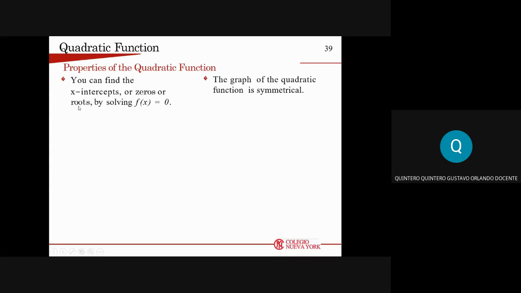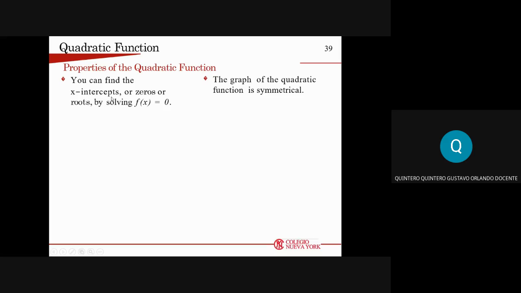So right now we have 3 possible names for the same thing. All right, go ahead and write this down somewhere, please. Whenever I talk about x-intercepts, it's exactly the same as zeros, which is exactly the same as roots.